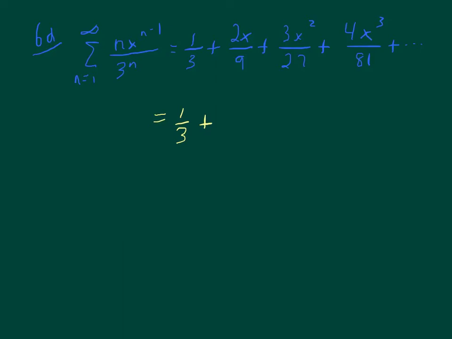So the second term of the series, which is 2x over 9, you can think of that as 2 over 9 times x. And the third term of the series you can think of as 3 over 27 times x squared. And the fourth term of the particular series you can think of as 4 over 81 times x cubed.